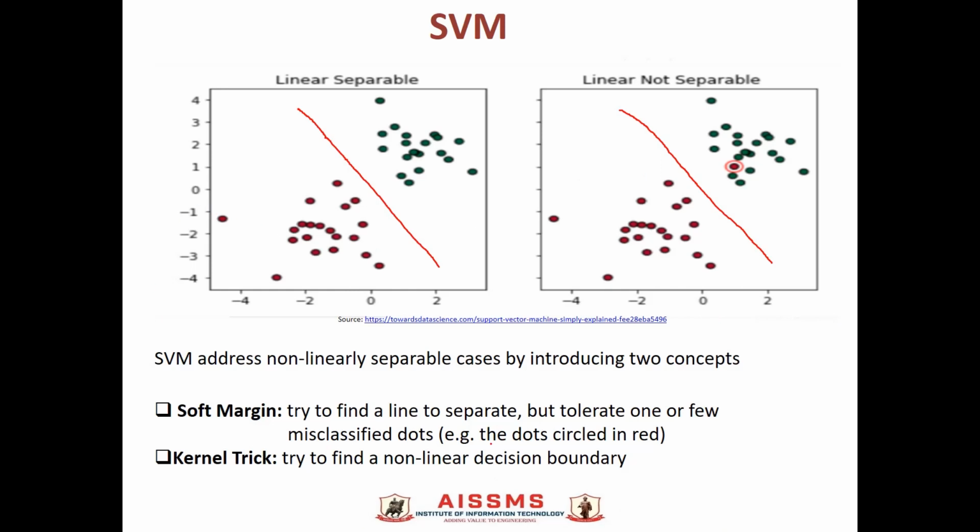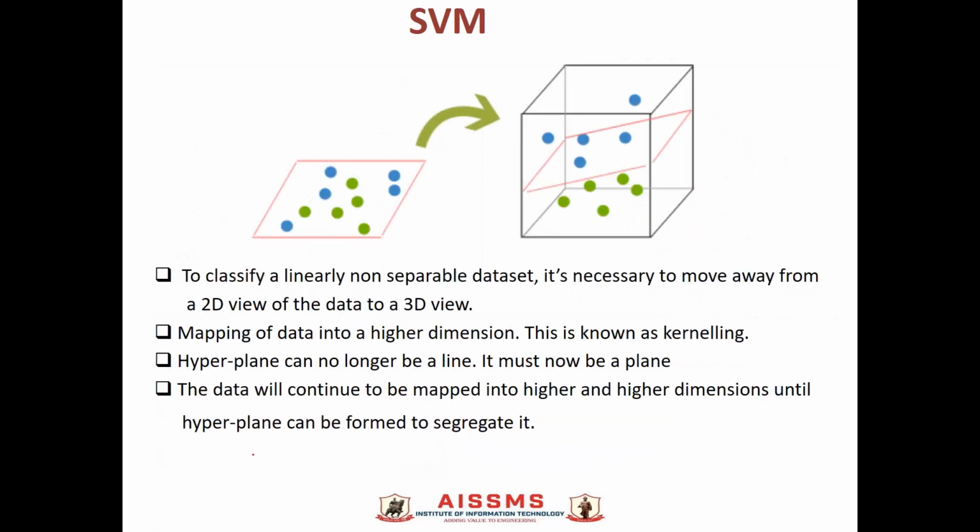Second is the kernel trick. In the kernel trick, what exactly do we do? We find a non-linear decision boundary. That is the kernel trick. Basically, in the kernel trick, we classify a linearly non-separable data set. Here we can observe that these data points are linearly non-separable.